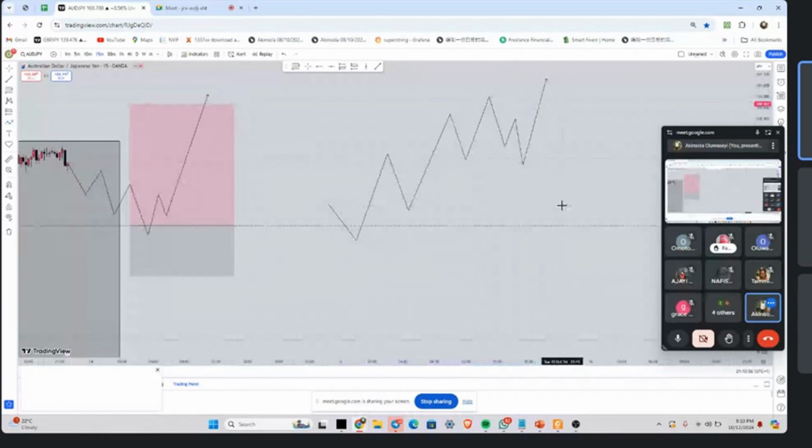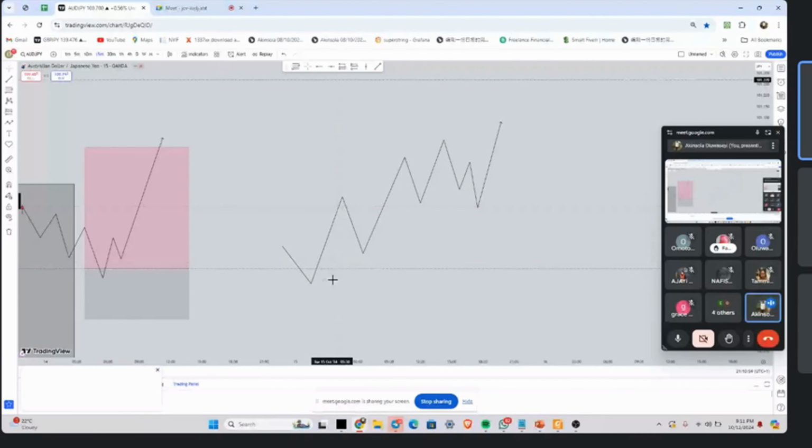What does all this mean? The market will create a leg and push up with a very big force. Then after, expect a retracement.